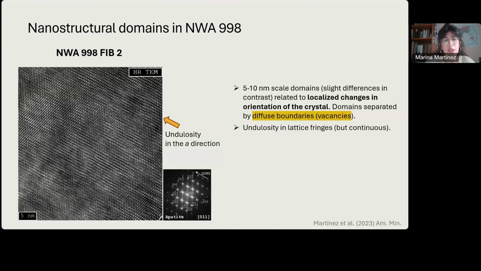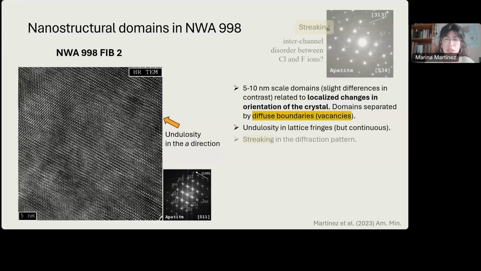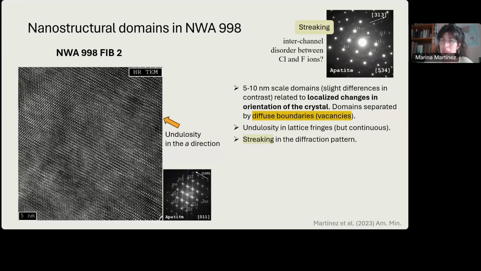And so if we look at this direction, we see that the lattice fringes show undulosity, but still are continuous. The diffraction pattern also shows streaking.